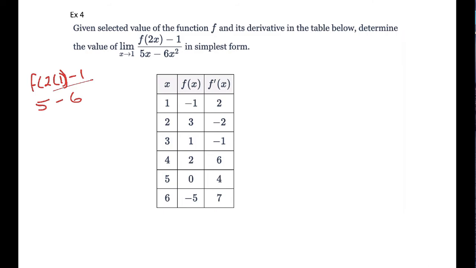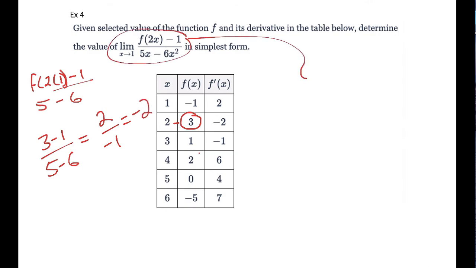Well, wait a minute, that doesn't quite bode for the L'Hopital's rule, because f of 2 is right there. There's f of 2. So that means we have 3 minus 1 divided by 5 minus 6. So that's 2 over negative 1, which is negative 2. So this one, no L'Hopital's rule.